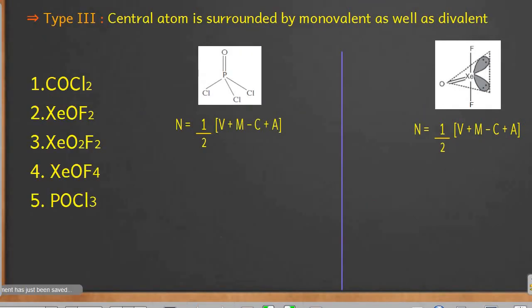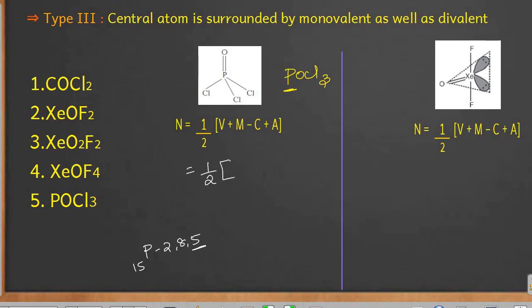Let's move to the next one, type 3. Here the central atom is surrounded by monovalent as well as divalent atoms. Let's move to the first example. Here POCl3, and here that is phosphorus. So we know that the atomic number of phosphorus is 15, 2, 8, 5. The outermost electron of phosphorus is 5. Okay, so inside the brackets V is there.